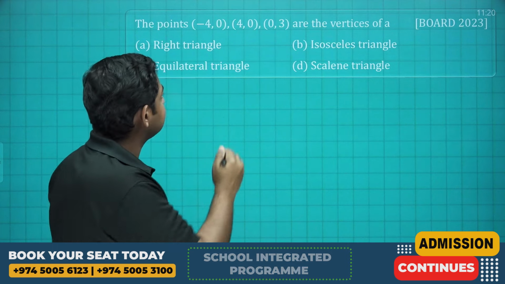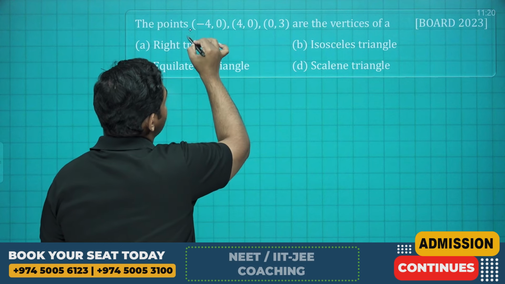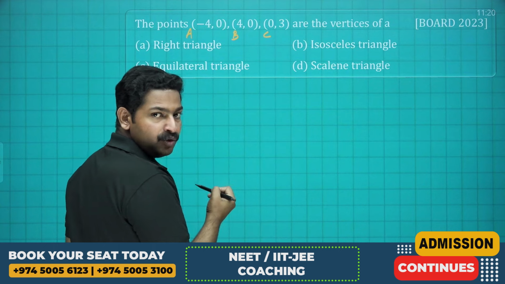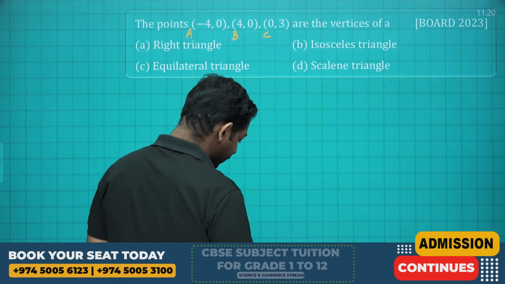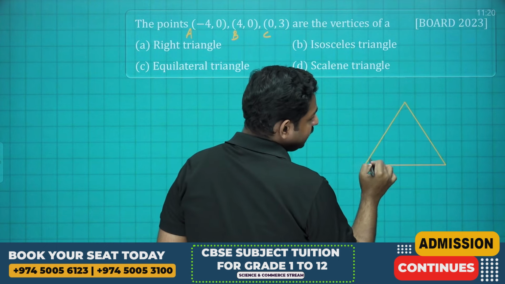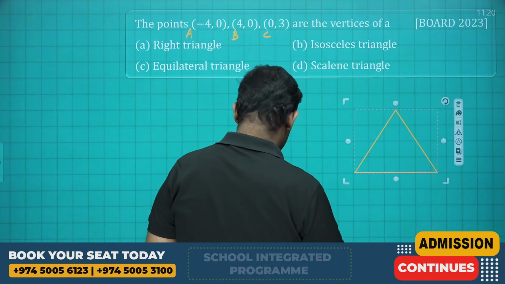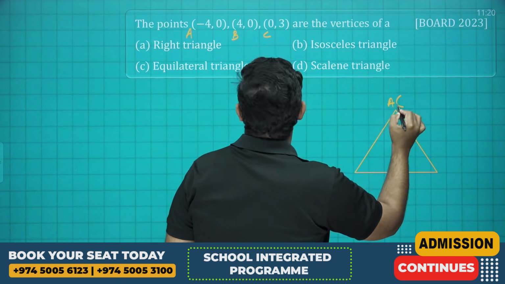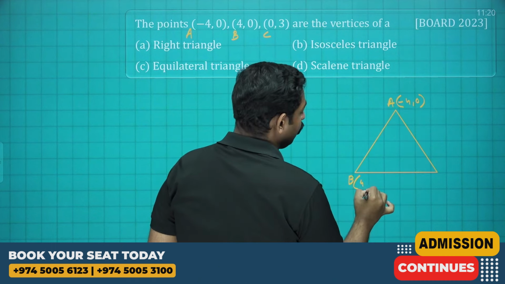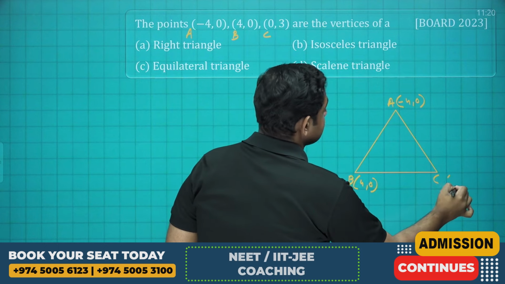If you do it by distance formula, this is point A, suppose, this is point B and this is point C. Three points are given. Suppose I am plotting a rough triangle here. This is the triangle and I am naming A. The point A is (minus 4, 0), the point B is (4, 0) and the point C is (0, 3).